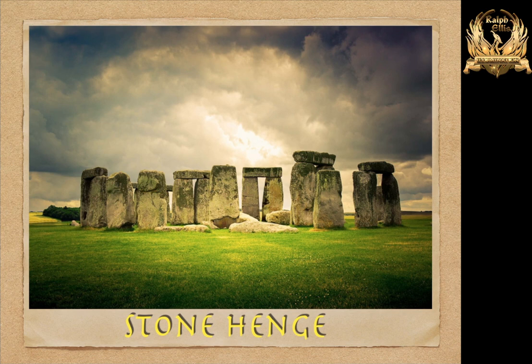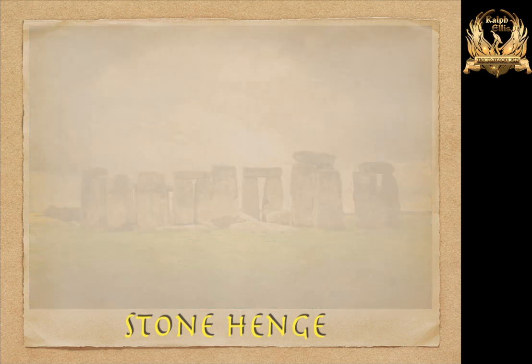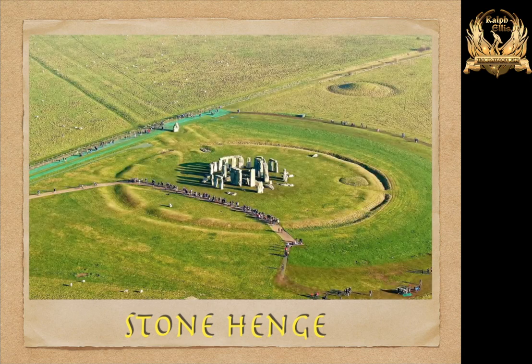So this is a classic image of Stonehenge, looking at the megalithic henge made of stone. But what we actually want to look at is from above. So here's Stonehenge from above, and you see that we not only have the well-known stone element in the center of the circle, we have a henge around the outside, an earthen henge.